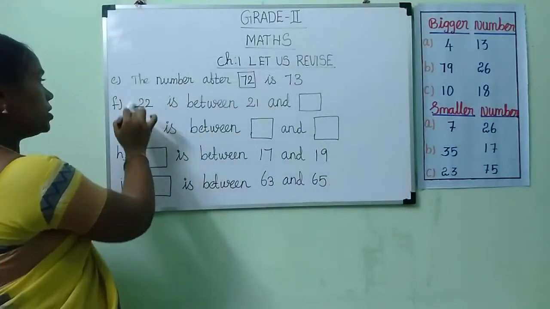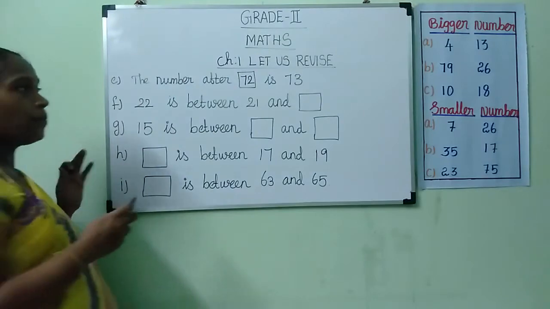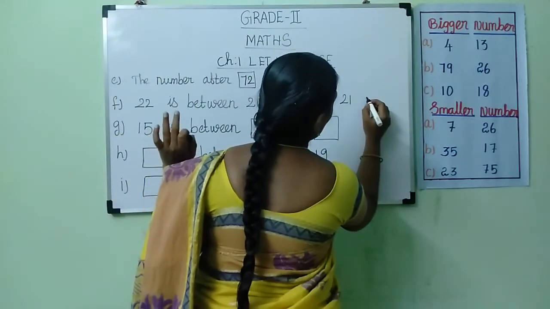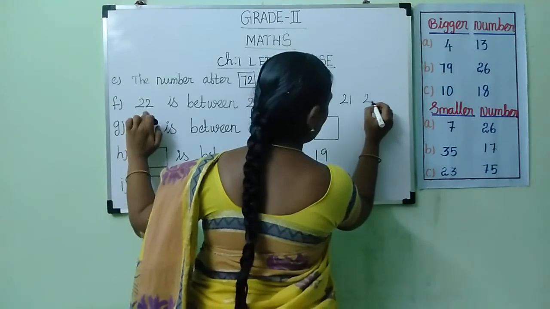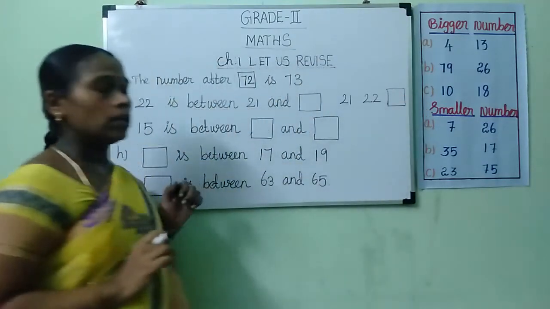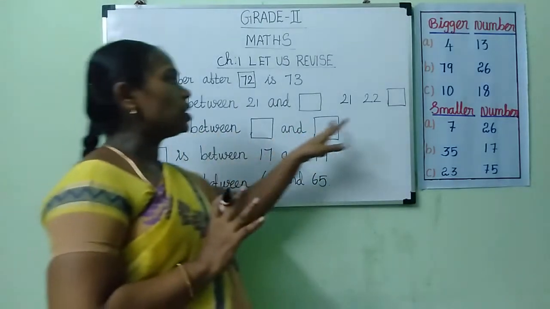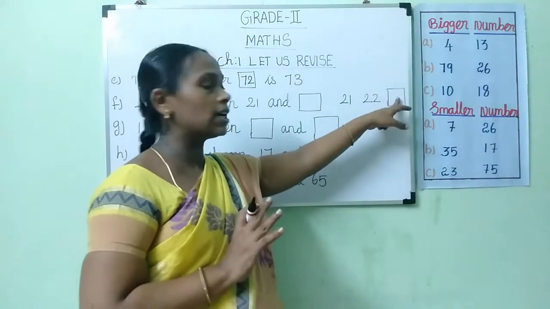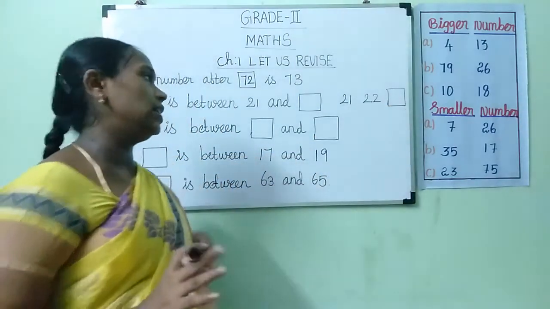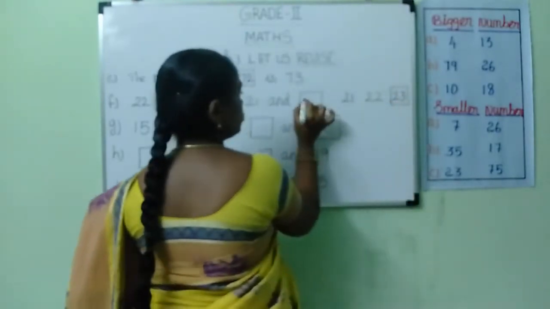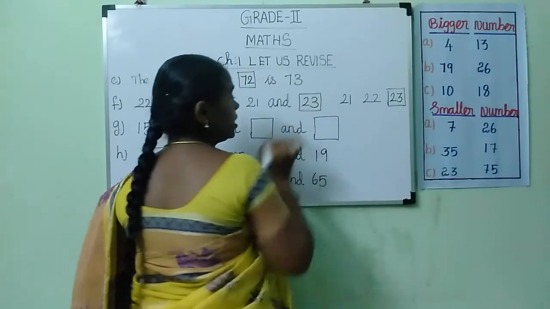The 22 is a between number. So 21, here between number is 22. So what will come as the next number? 22, then here comes 23. So you should write here 23.